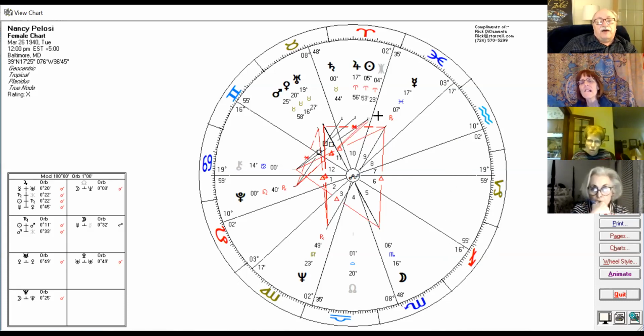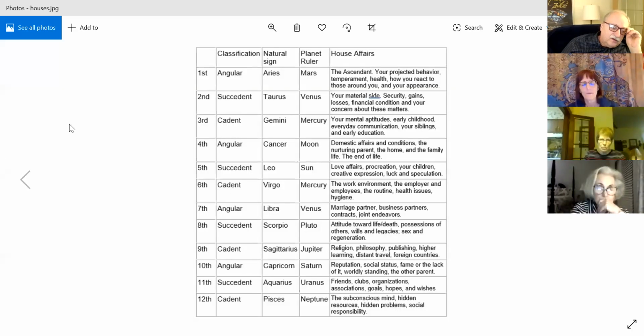Now let's talk about the houses. On this diagram, it's not the greatest, but it'll give you a good idea. The first house for everybody is an angular house. The 4th house is angular, the 7th house is angular, the 10th house is angular.